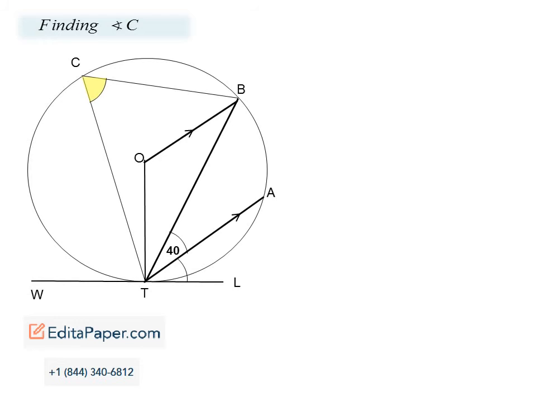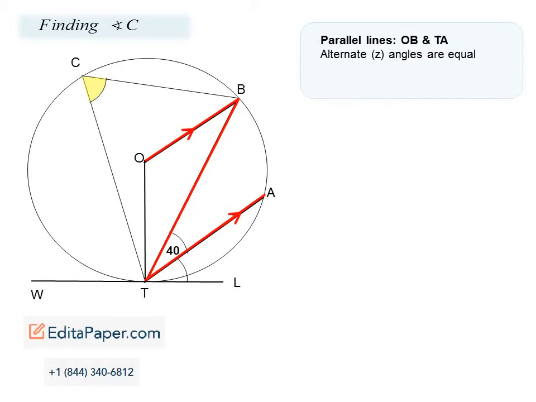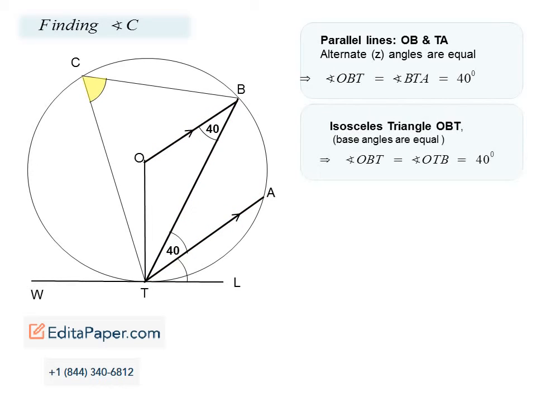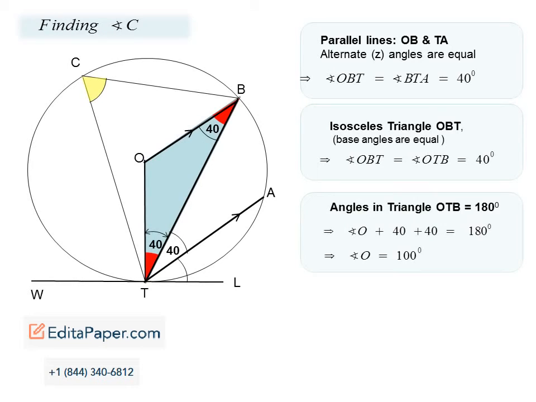To find angle C, we use our theory of parallel lines to note that angle OBT, which is this angle, is equal to the angle given, which is 40 degrees. Therefore, we have already found one angle. Using our second observation, since triangle OBT is an isosceles triangle, the base angle will be equal to 40 degrees.